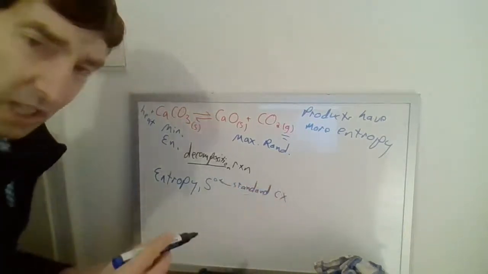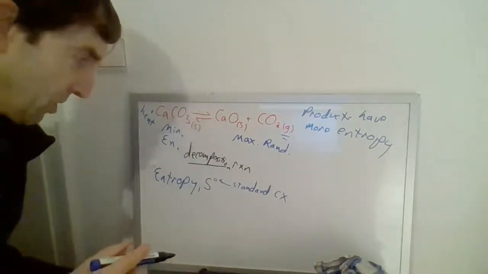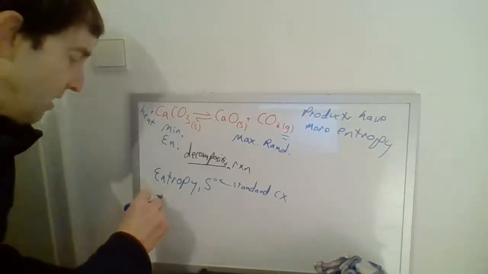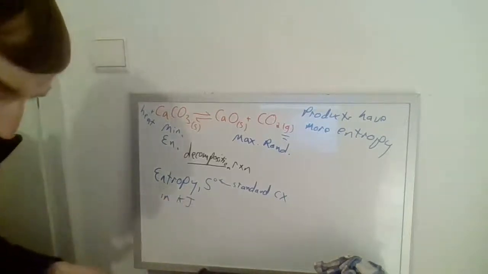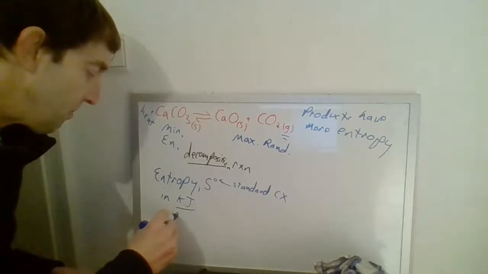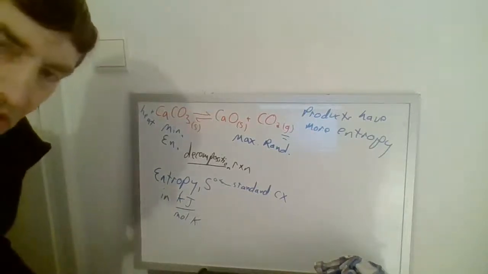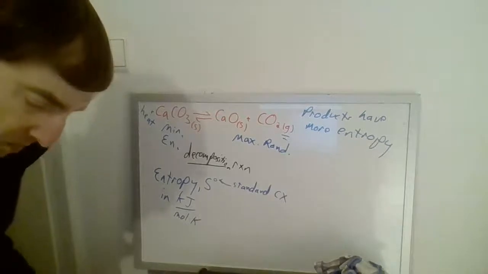Do you guys know that? CX stands for condition. It's a good abbreviation. AP Bio does that too. And it's in kilojoules per mole Kelvin. Kind of a weird label. You've sort of seen it with the R value.